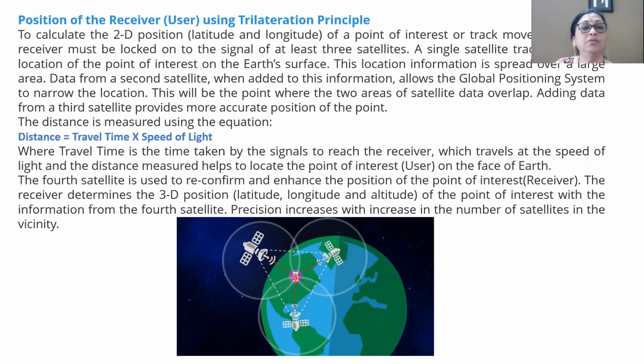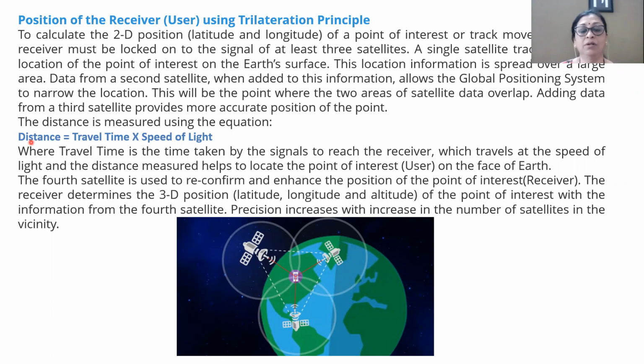Okay, so this is what is called the trilateration principle, and here the simple equation for distance is used, because all of you know the formula for speed is equal to distance divided by time. As satellites are transmitting radio waves, the time required for those radio waves to travel is known.